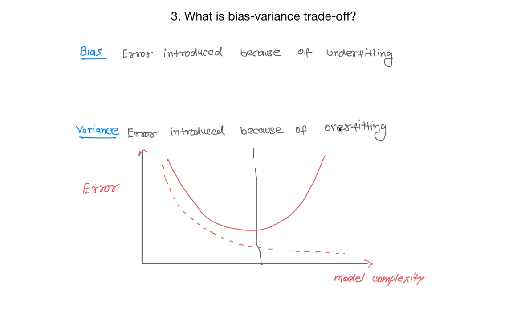As the model complexity increases, bias tends to reduce. But if model complexity is low, then variance is low, but bias is high. So how can you draw this? Here we have bias, and this one is variance, and we can introduce this one as a sweet spot.